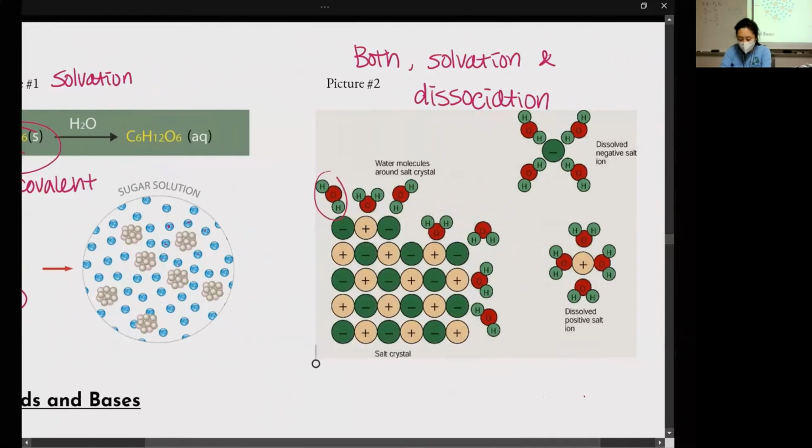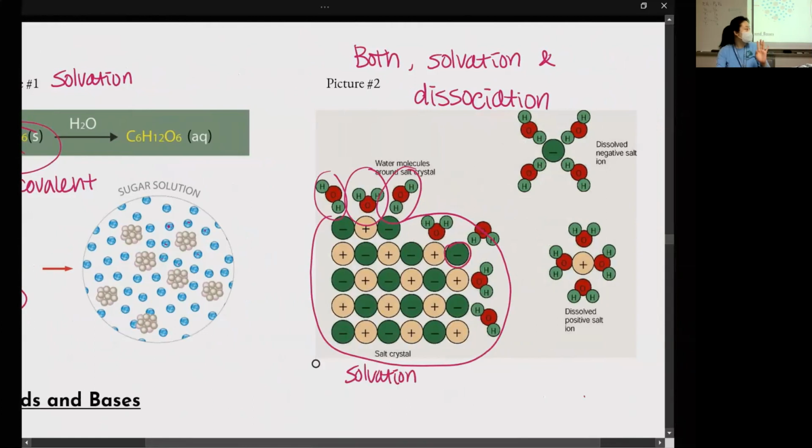So the water molecules are surrounding the salt crystal. There you see the solvation. And whenever it detaches these anions and cations, then you see the dissociation. This part of the diagram is showing you the dissociation.